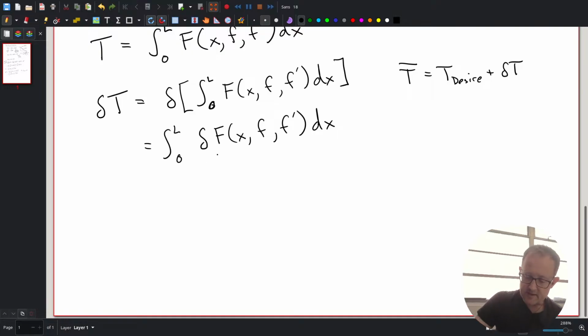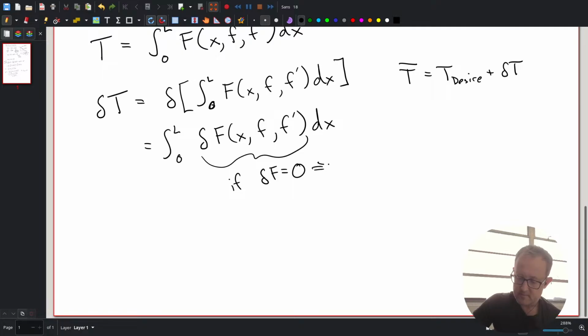This makes things a little easier because if this delta f is 0, then delta t is 0. So we're taking that big integral, and rather than trying to evaluate a whole bunch of integrals, we'll focus on just that inside thing, that delta F.